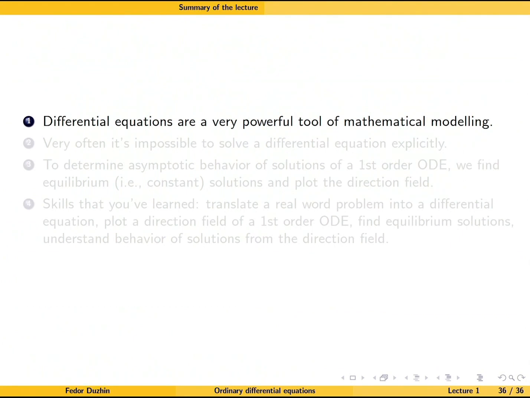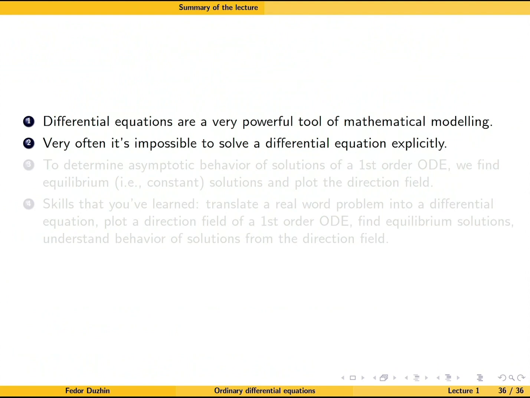All right, and let me wrap up the lecture. What we've learned today is that differential equations can be used to model a lot of real-life problems. Today we have seen the model of a falling object, the model of a coffee that is cooling down, and the model of the growth of a population using differential equations.